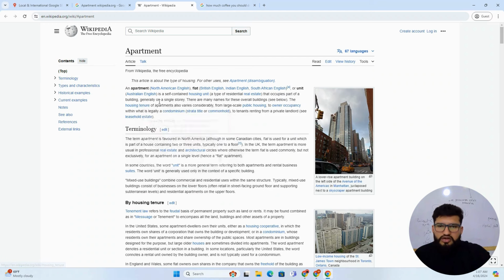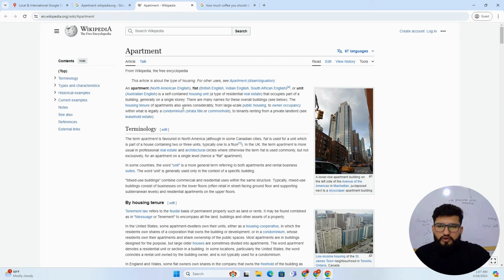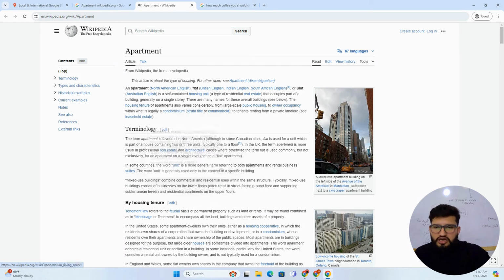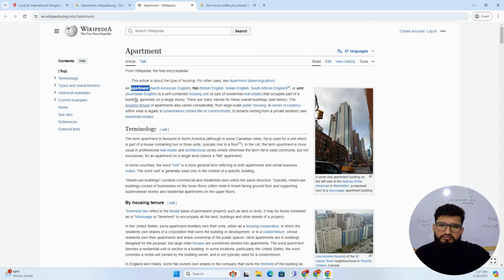The housing tenure of apartments also varies considerably from large-scale public housing to owner occupancy within what is legally a condominium, strata title or commonhold, to tenants renting from a private landlord. See leasehold estate. So this is the actual definition of an apartment.